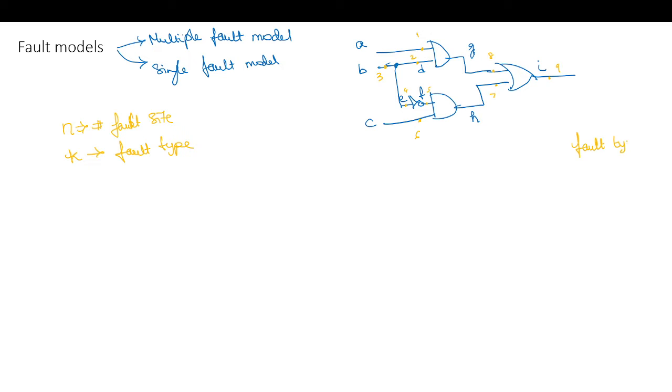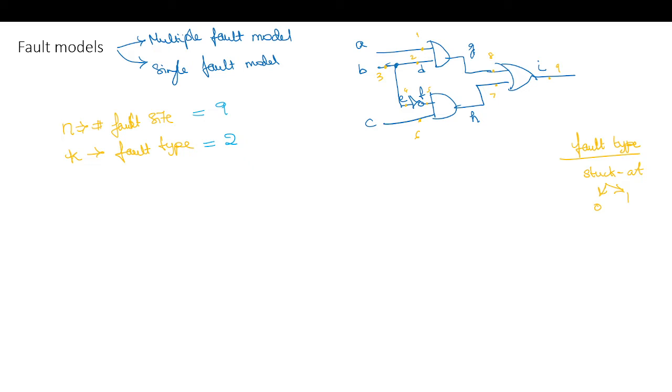If we consider a stuck-at fault, then there are two fault types: either the node can be stuck at 0 or stuck at 1. So the number of fault sites for this is 9, and if we consider just two types of faults, stuck at 0 and stuck at 1, now there are two possibilities.